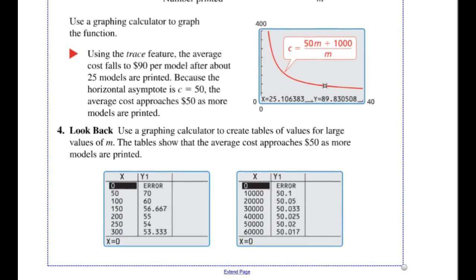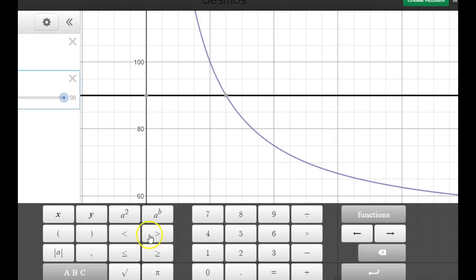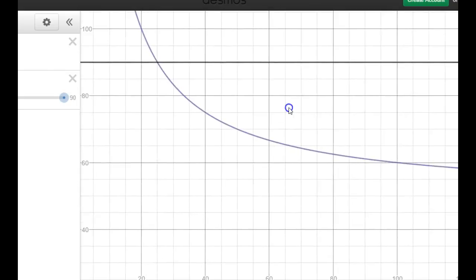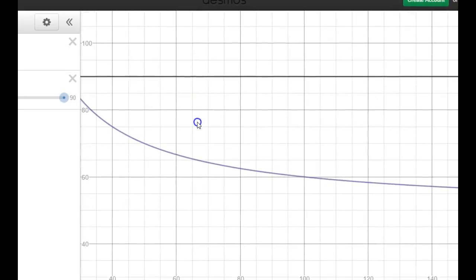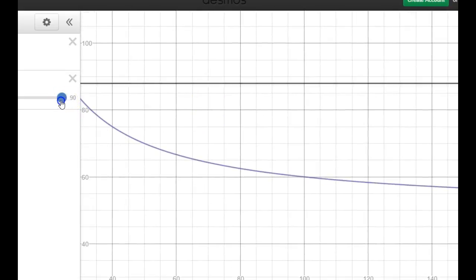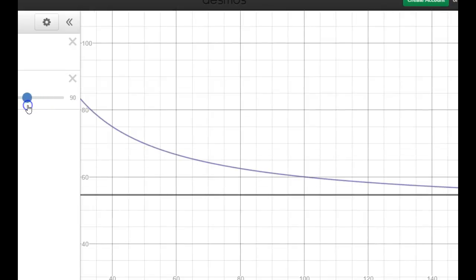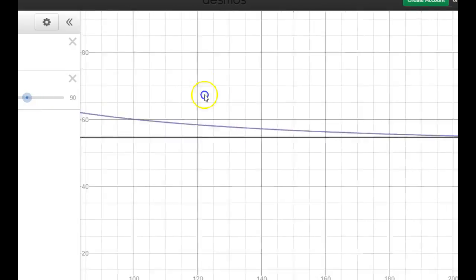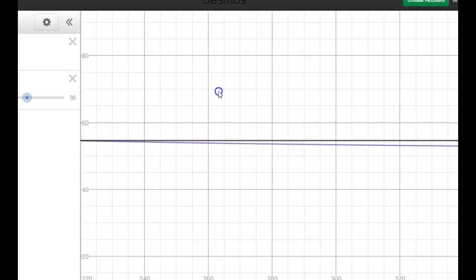So here they're using a graphing calculator to create tables to show that my average cost approaches $50 as more models are printed. If you don't want to use your table, you can continue to use your Desmos function and use this slider now that you've created it here. So we want to move this to approximately where you see it's not going to cross anymore.